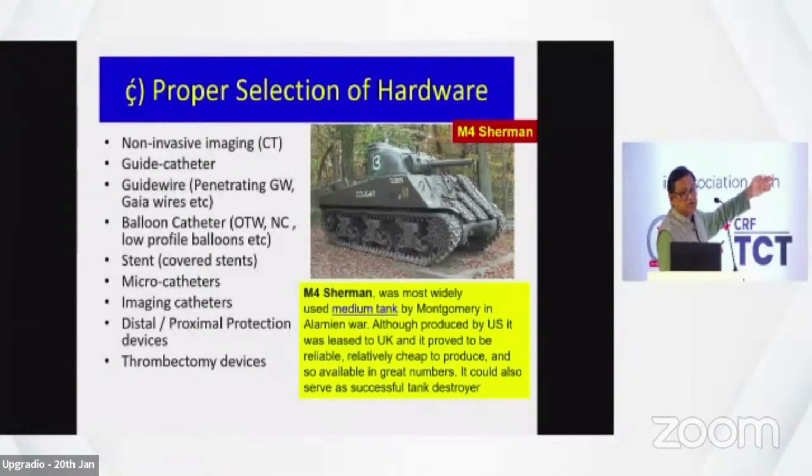Then proper selection of guide catheter, which you already know, guide wire, balloon catheter, properly kept covered stents, micro catheters. Dr. Anil already showed you where you could use a micro catheter, and imaging catheters, and then distal or proximal protection devices where there is a high risk of embolization, and thrombectomy devices to remove the thrombus as well.